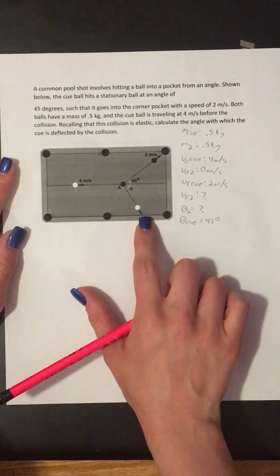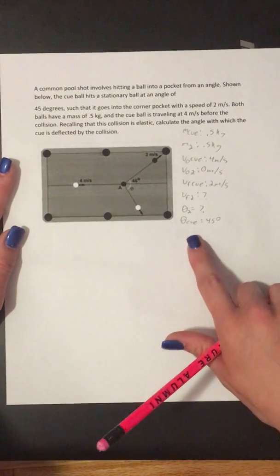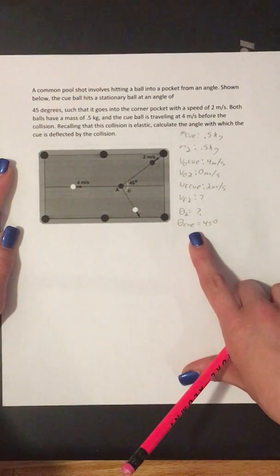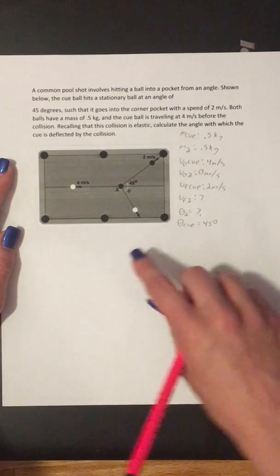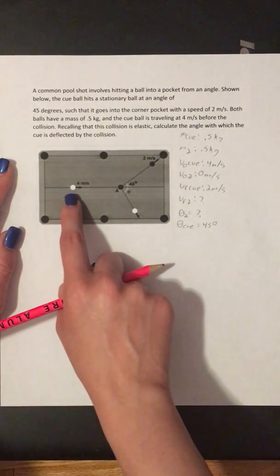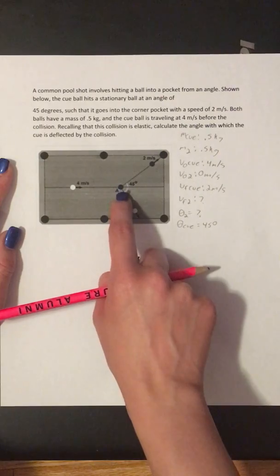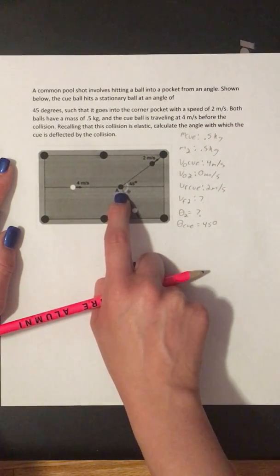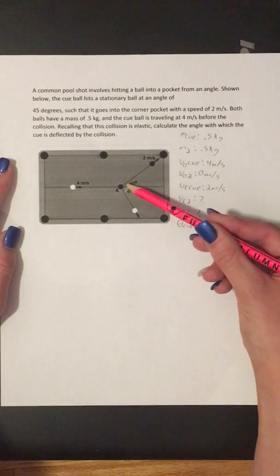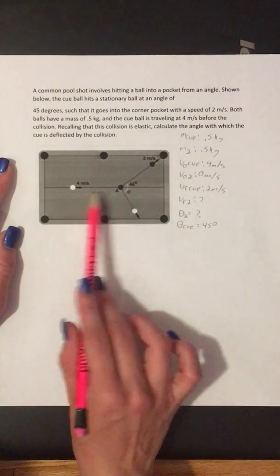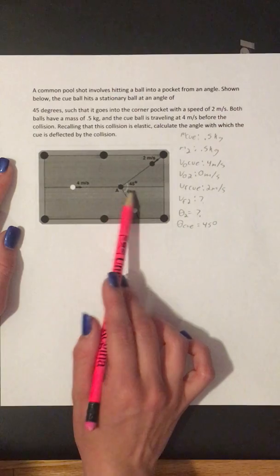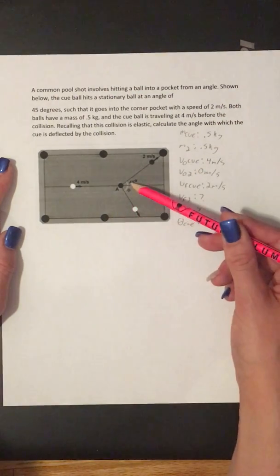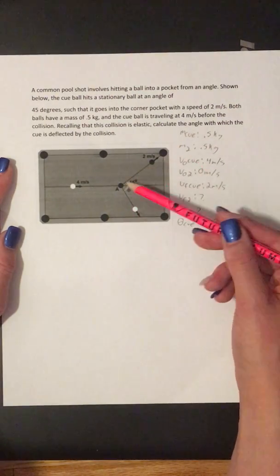Okay, so now looking at this, we can see that it is a collision in 2 dimensions because it collides once it hits the second ball. We can see that it's 2 dimensions since they aren't just going in the x direction. They also end up going into the y direction.